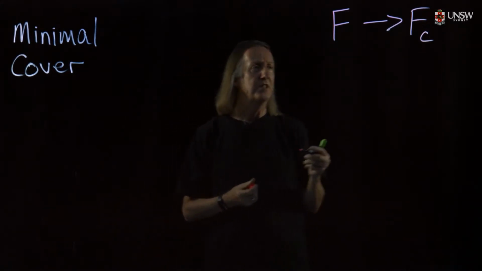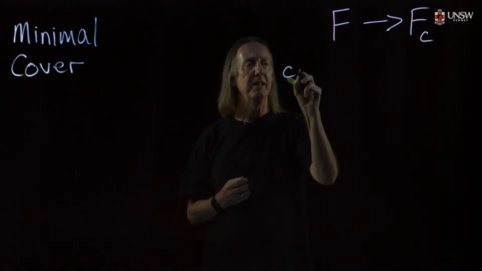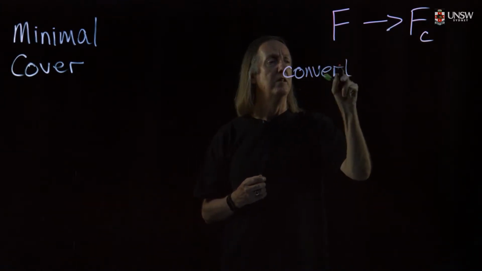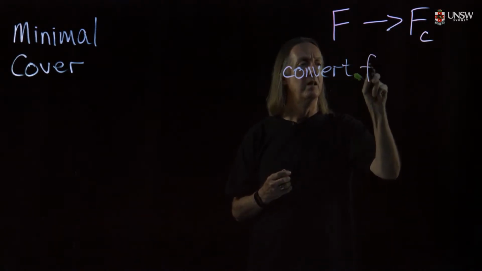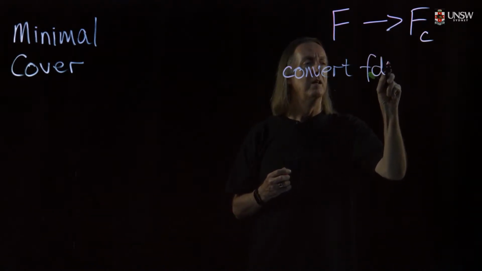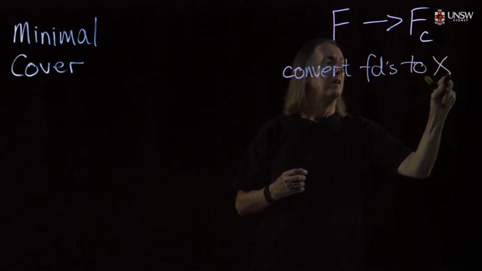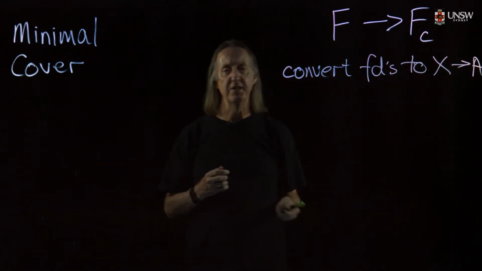We start by taking all of our functional dependencies and converting them to the form X determines A, where A is a single attribute.